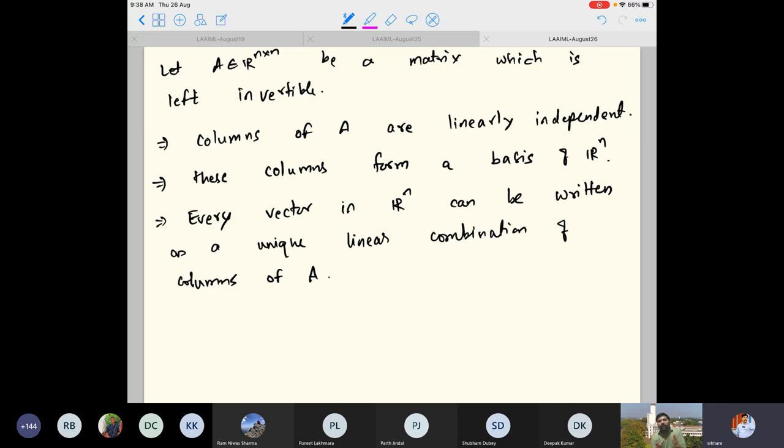So because every vector in R^n can be written as a unique linear combination of columns of A, I will choose very special vectors in R^n. Can you guess which vectors I am going to choose? Remember what I want to prove? I want to prove that if A is left invertible, that implies A is right invertible also for a square matrix. I want to prove right invertibility.